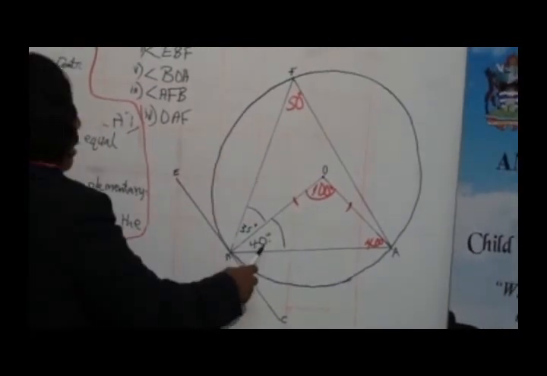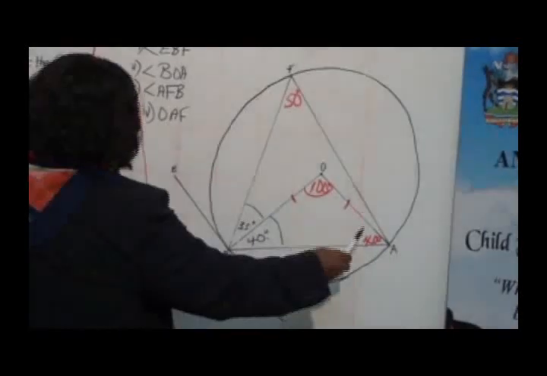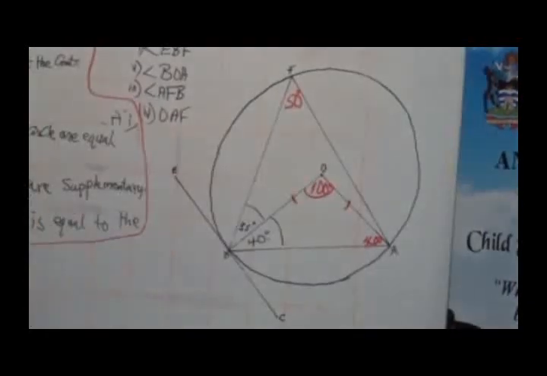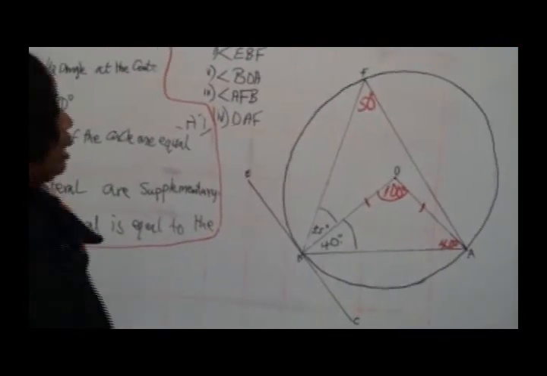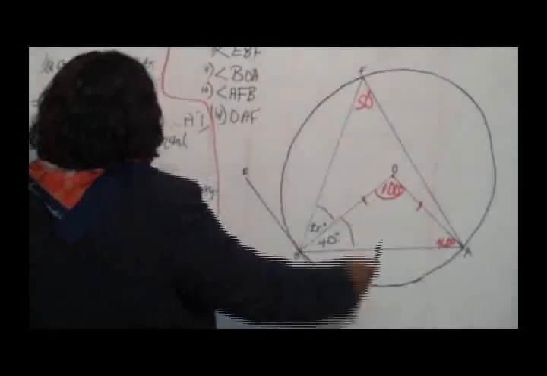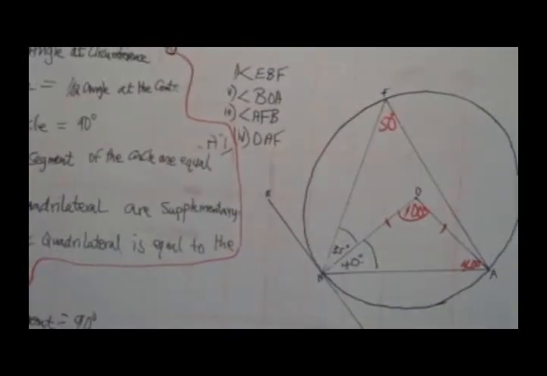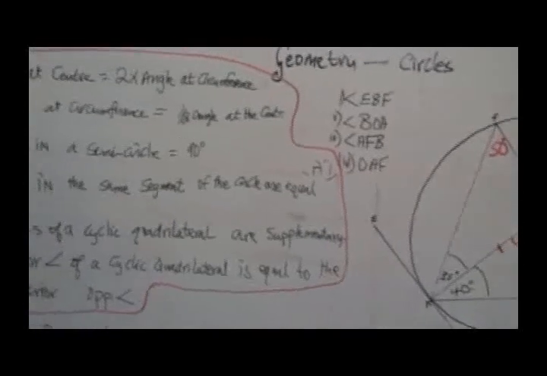They told us that this angle was 40 degrees, so we knew that this would be 40 degrees too. And once we have two angles of a triangle, we can find the third one, so this is equal to 100 degrees.